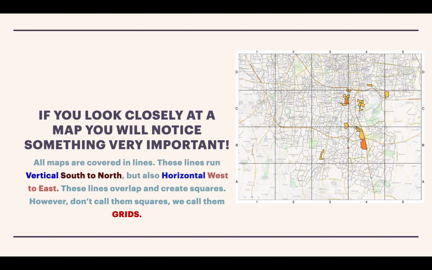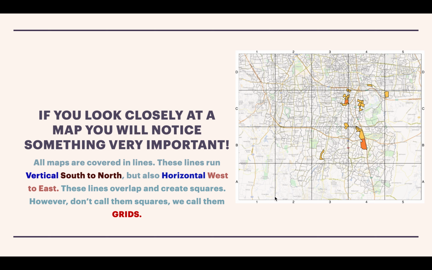Most maps are covered in lines. Now these lines run vertically, from south to north. I'll explain later why I didn't say north to south. It's very important that you realize that it's south to north.